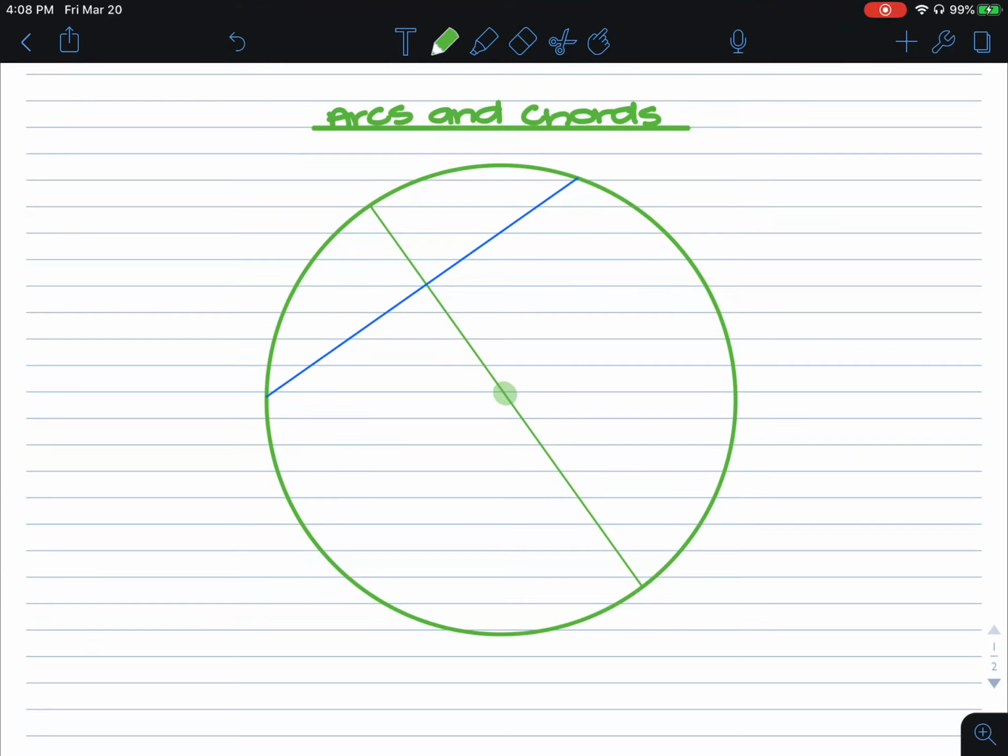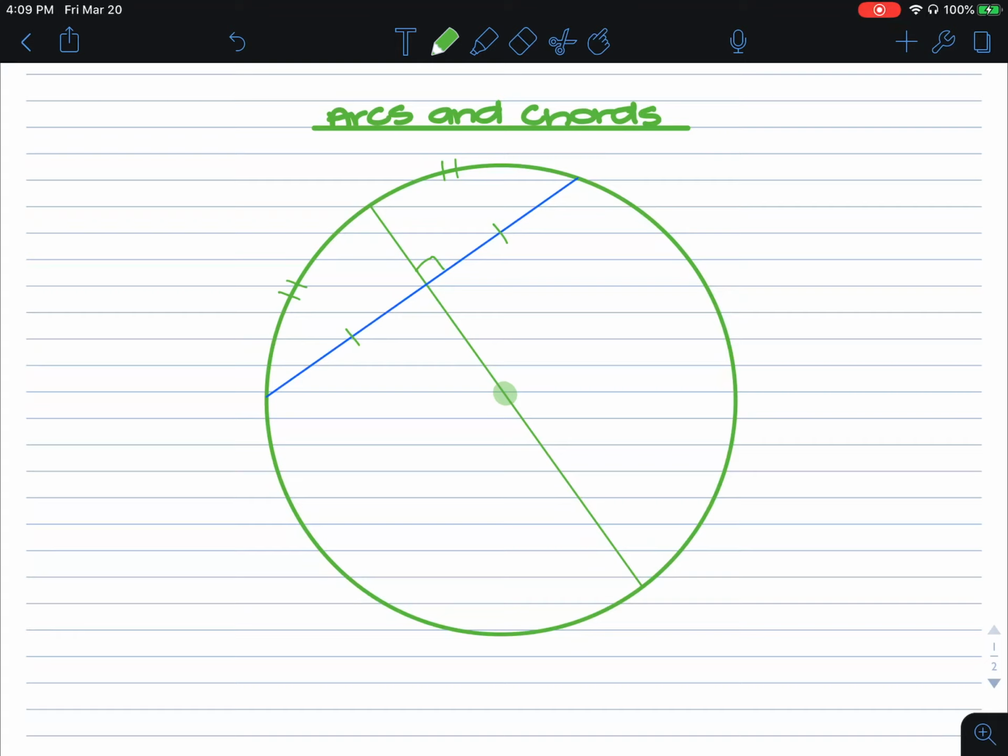Let's say my diameter, which is the green line, is perpendicular to my blue line, my chord. Well, one of the theorems that we learned in 11.4 was that my diameter actually bisects my chord, so those two parts are congruent. It also bisects my arc, so those two arcs are congruent.